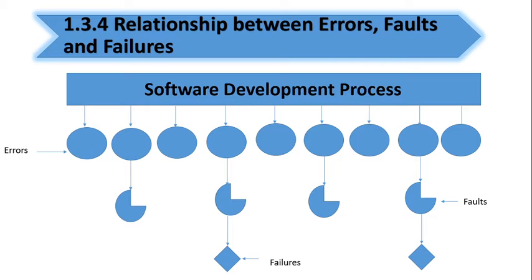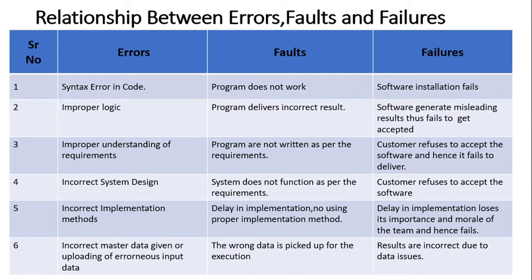Only 5 of these errors become software faults, and finally a total of 2 of them become failures. This shows the relationship between errors, faults, and failures.